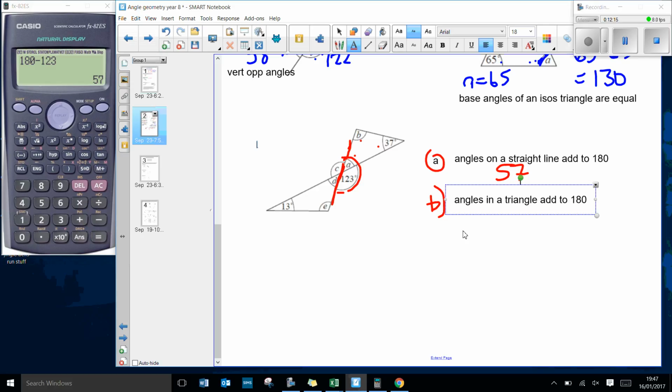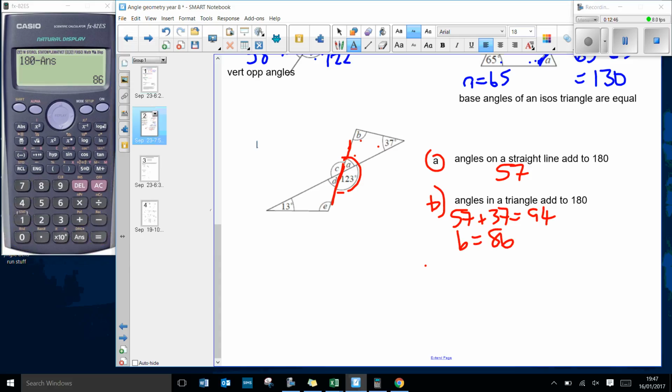And so the calculation is 57 plus 37 gives us 94. And we do 180 subtract that. Gives us angle B as 86.